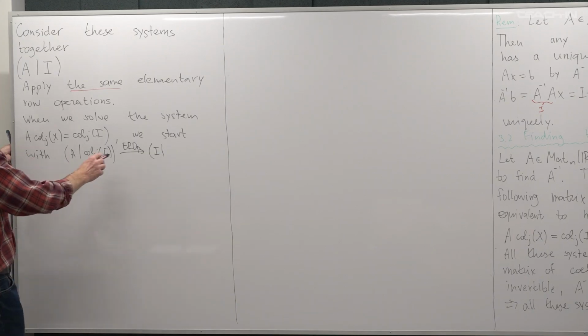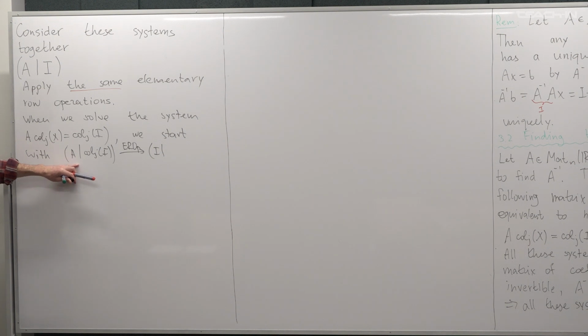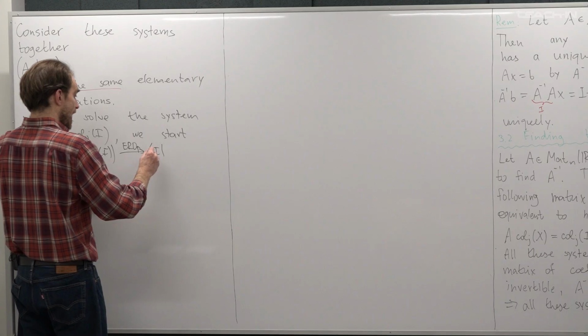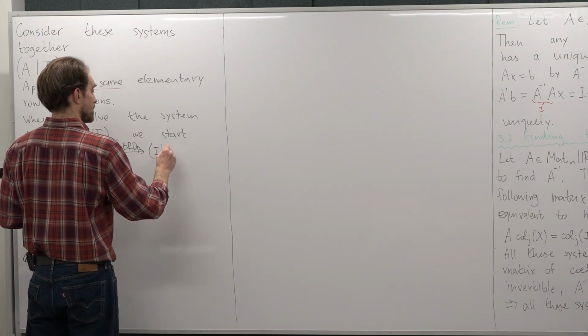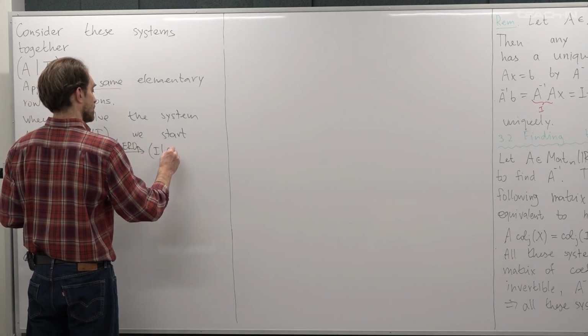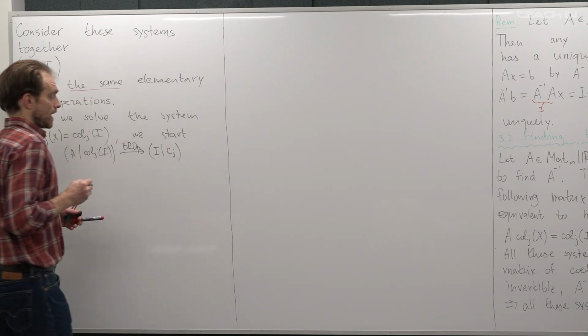So when we apply elementary row operations to such an augmented matrix, we get the identity matrix here, and here we get some column C sub j.